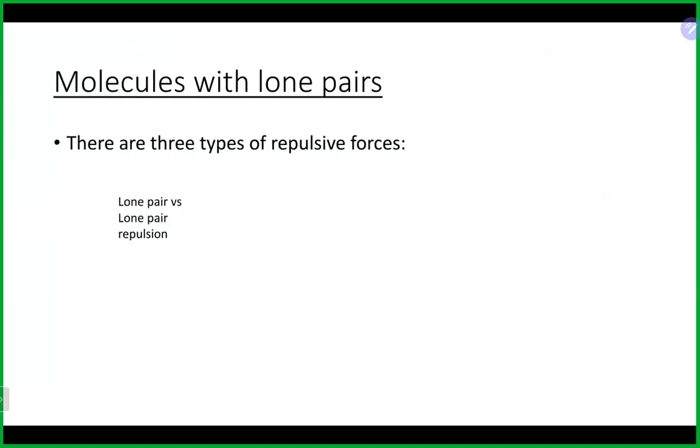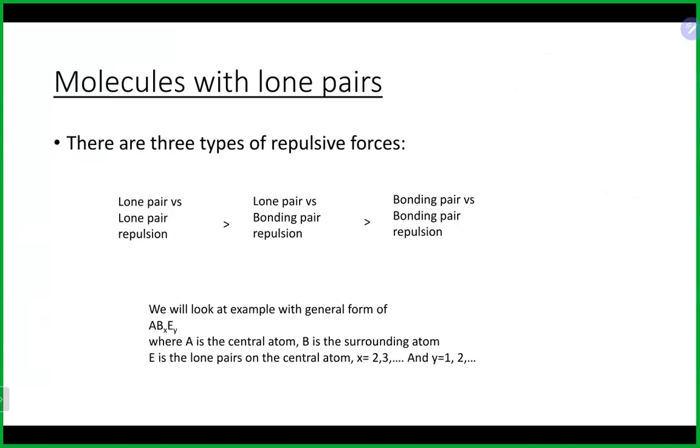The next sort of geometry is one where we get lone pairs involved. Up until this point, both the electron pair geometry name and the molecular geometry name are the same, because we only had bonding electrons around the central atom. As those bonding electrons move, the atoms that are attached will move with them, and they will end up in the same geometry.